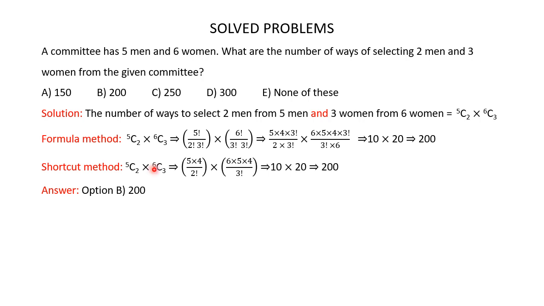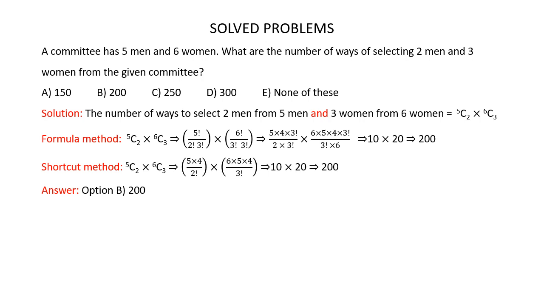the value of 6C3 can be found out. Starting with 6 in the descending order, there has to be a multiplication of 3 numbers and this has to be in the numerator. So 6 multiplied by 5 multiplied by 4 is in the numerator. 3 factorial is in the denominator because 3 is the subscript here.